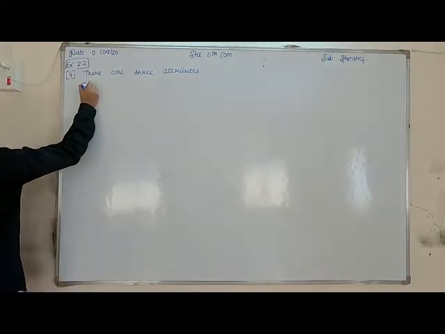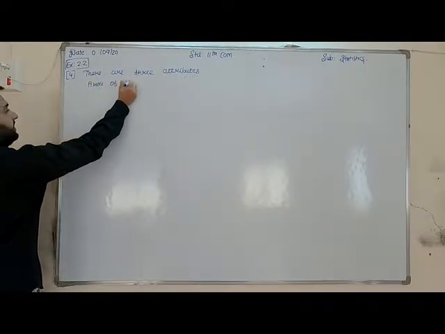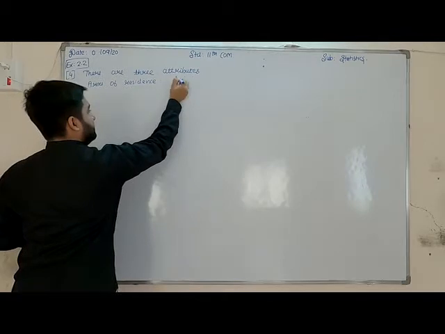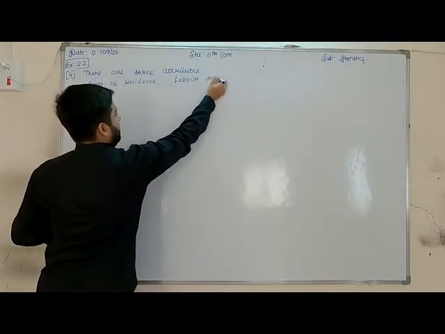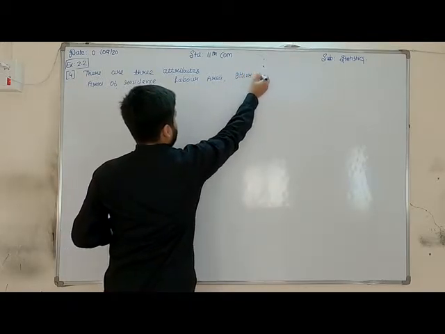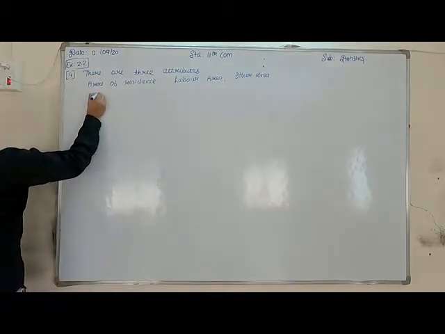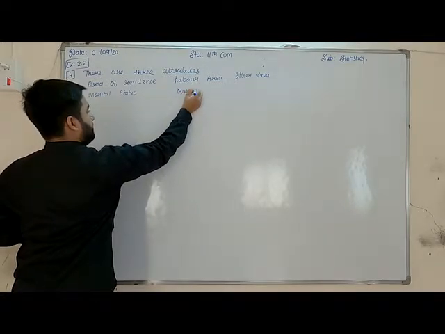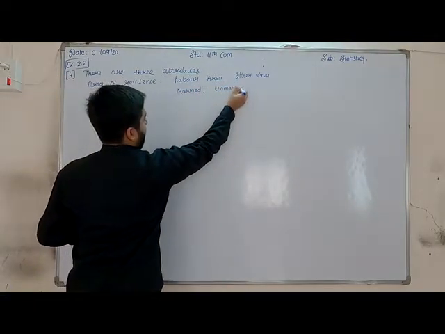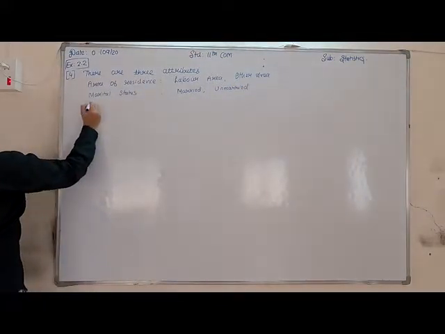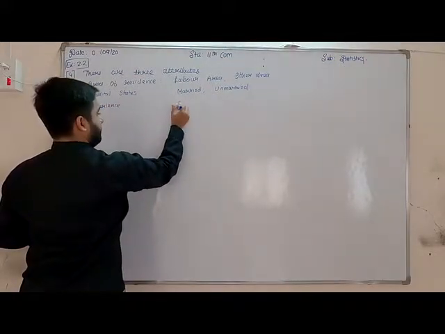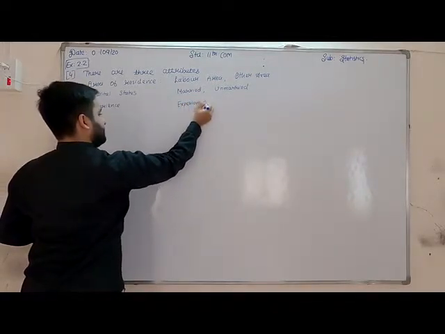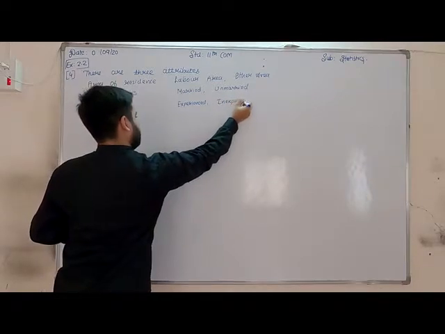There are three attributes: area of residence, that is labor area and other area; then marital status, married and unmarried; then experience, experienced and inexperienced.